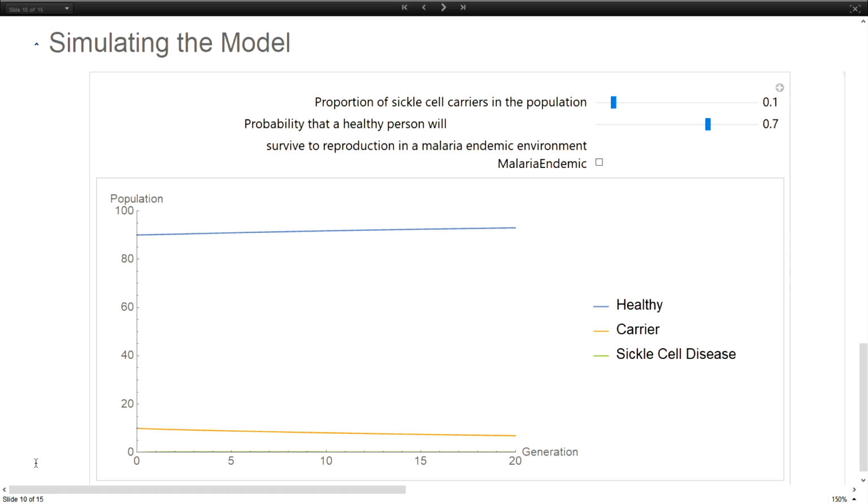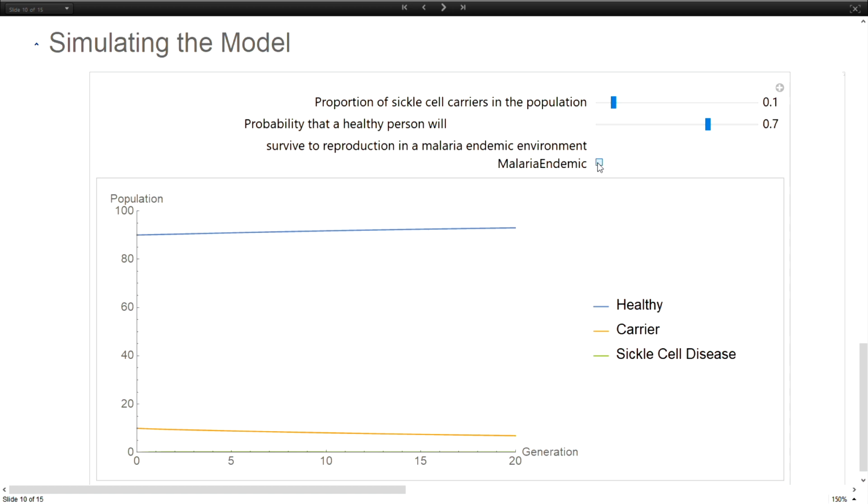Now, what we can see here is an environment where we can say whether there is malaria in this environment or not. In an environment where malaria is not common, then as we expect, the number of carriers would decline and the number of non-carriers would go up. But we can simulate this in a malaria endemic country.